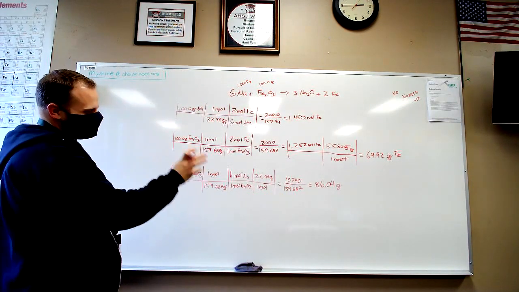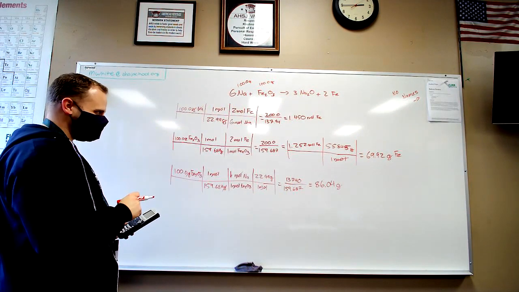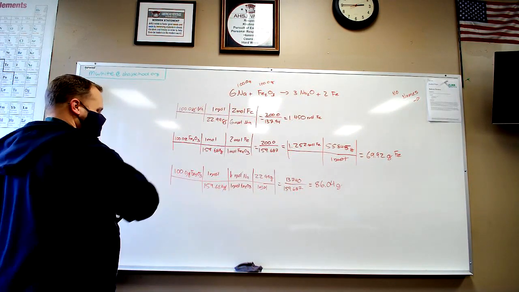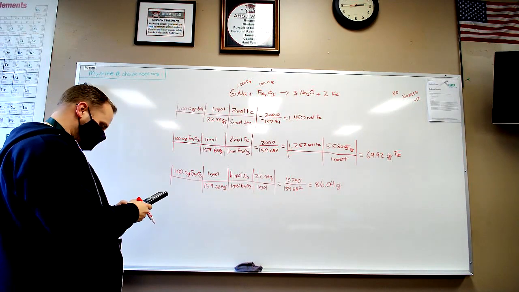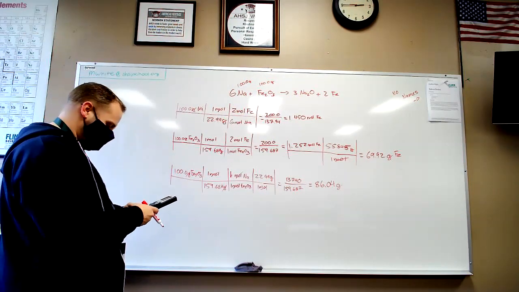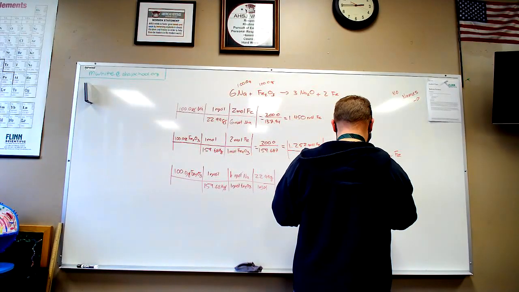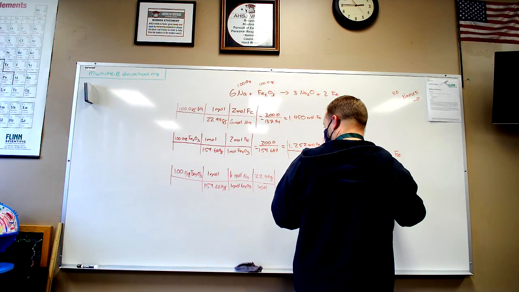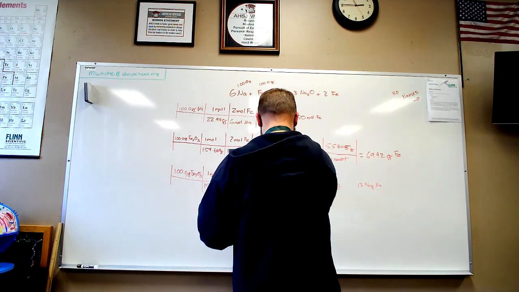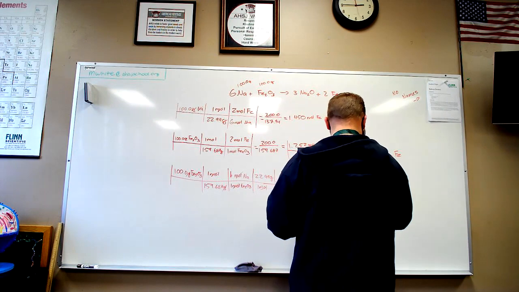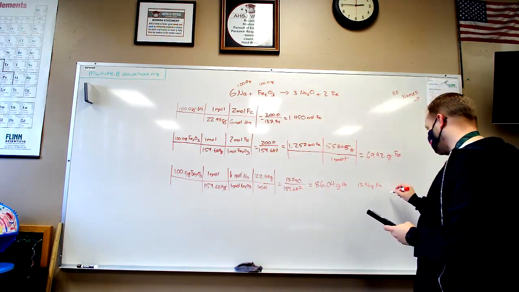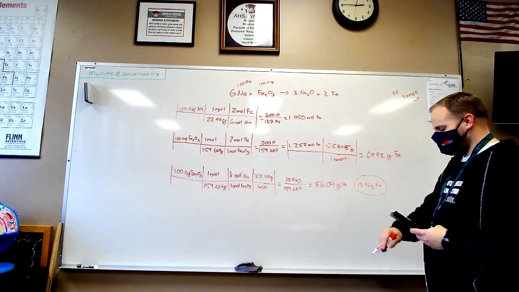That's how much we used. We want to know how much is left. So we subtract it from our starting. And we get 13.96 grams of sodium. That's our unit left. Grams of sodium left over.